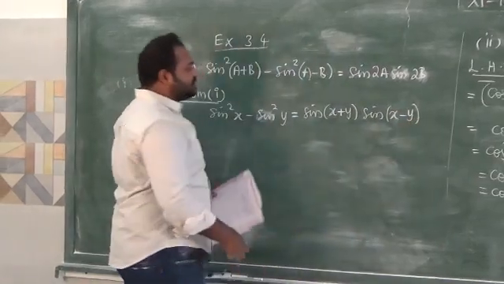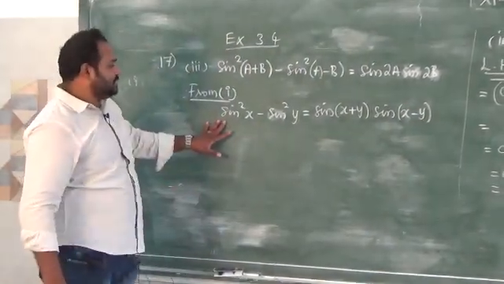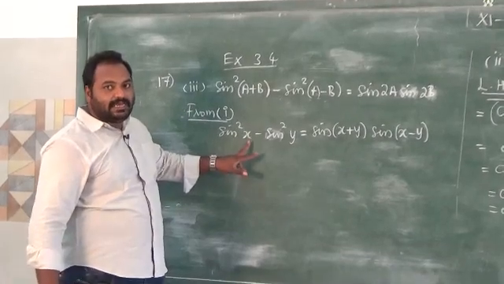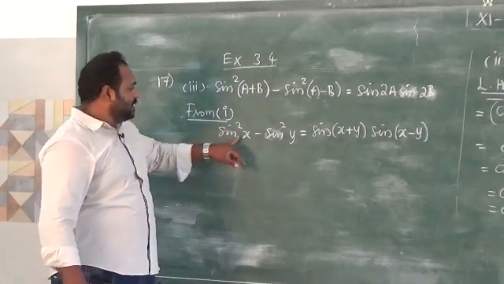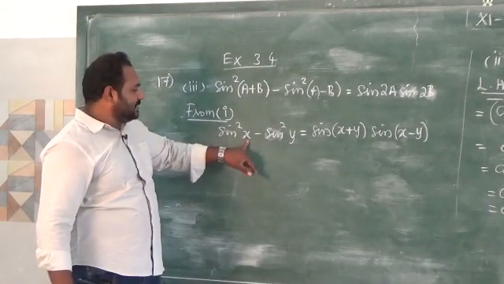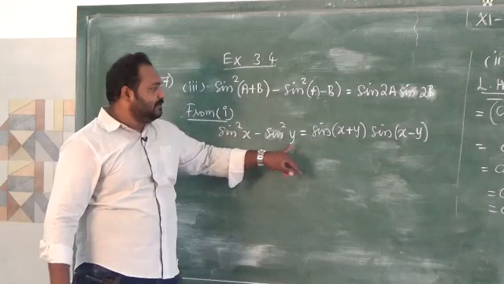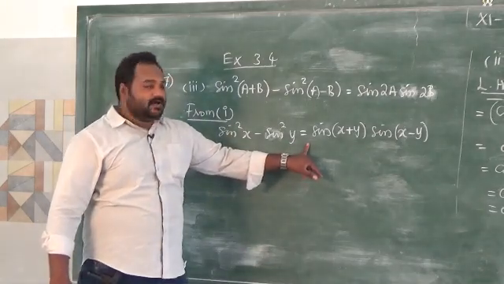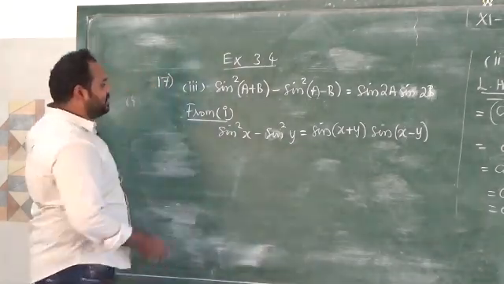This is the first subdivision proof, isn't it? Instead of a and b I have written x and y. So sin square x minus sin square y equals sin of x plus y into sin of x minus y.